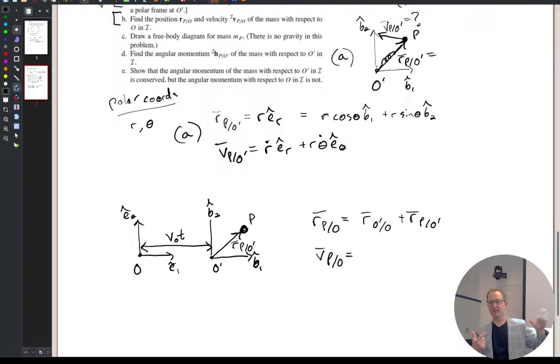So there's the relative position, the relative motion of the frame of reference plus the relative position within that frame. So I can call this one V0t along, let me leave it in E1 for now. And then I can put this one as RER.